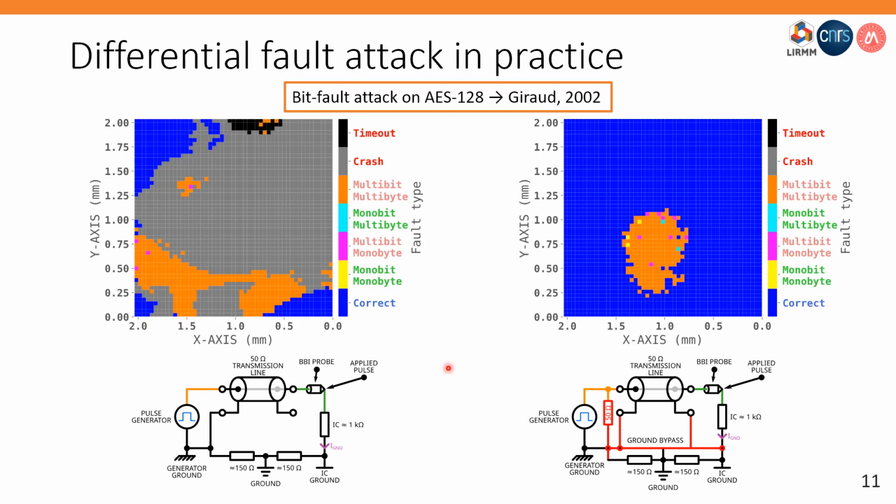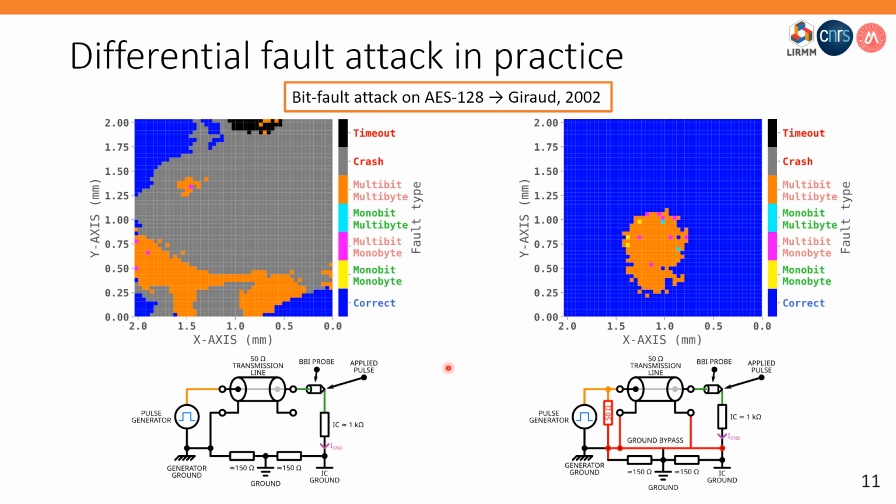In order to analyze the platform deeper, we decided to perform a differential fault attack, as I have said before. More specifically, we chose the bit fault attack proposed by Christophe Giraud in 2002.